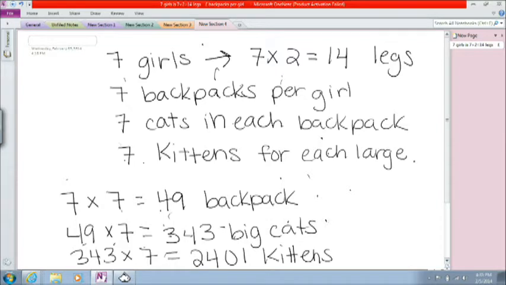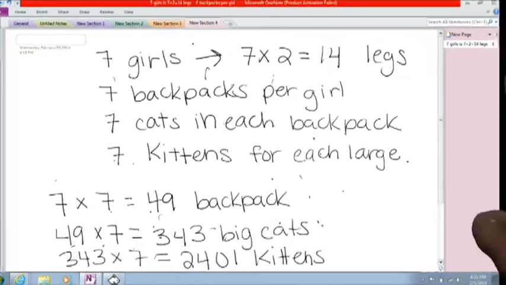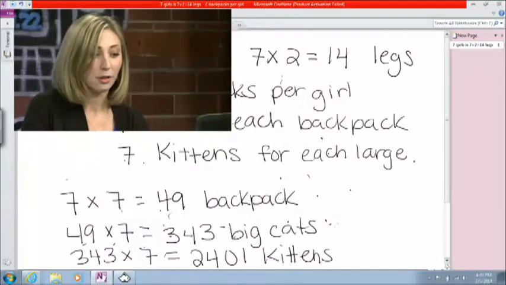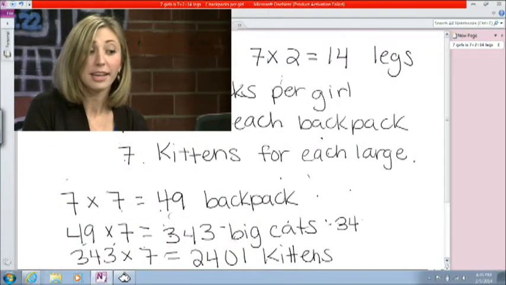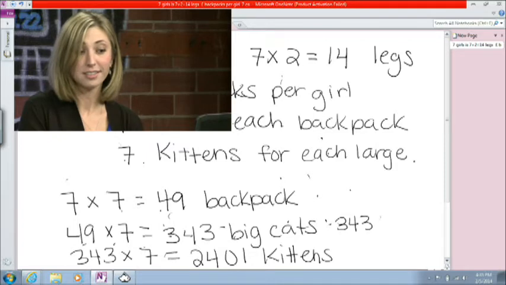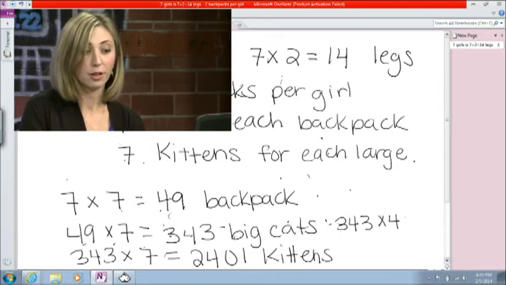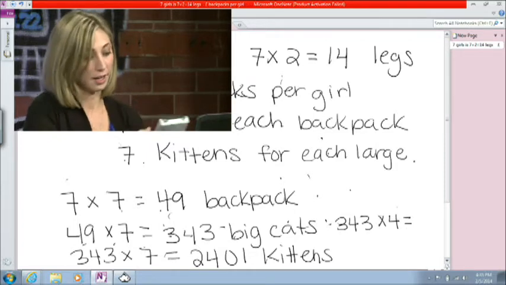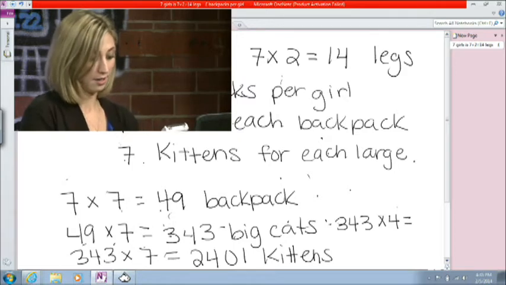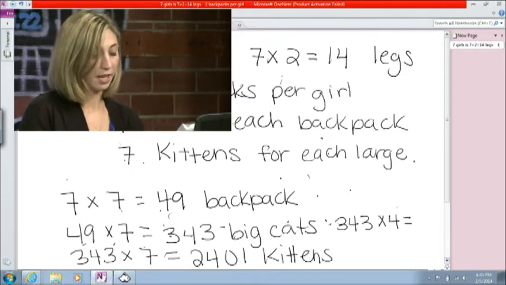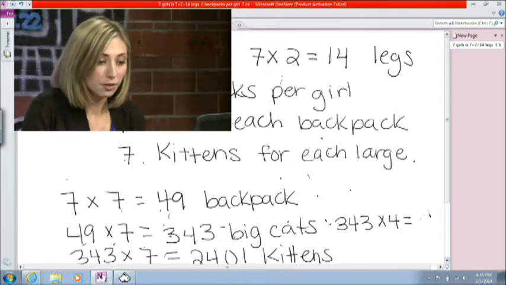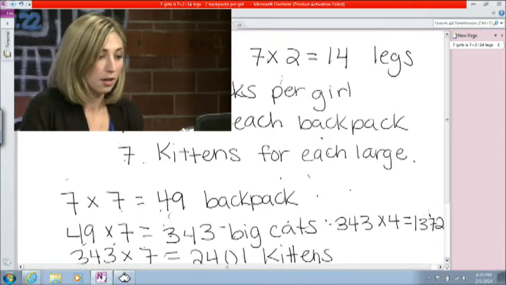Also, we've got 343 big cats in our backpacks, and we know that cats have 4 legs. So we take 343 times 4 to find our big cat legs, which gives us 1,372.